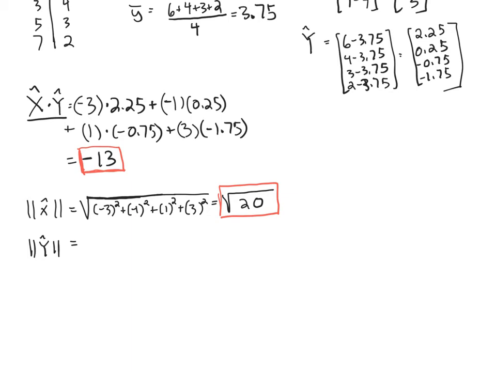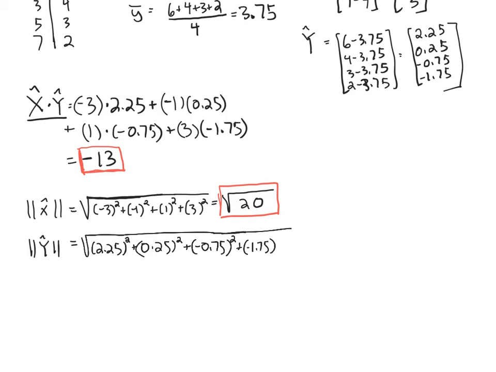So it's going to be the square root of 2.25 squared plus 0.25 squared plus negative 0.75 squared plus negative 1.75 squared. So let's calculate that, and you should get the square root of 8.75. And that is our next number. So there's the three numbers that we need.